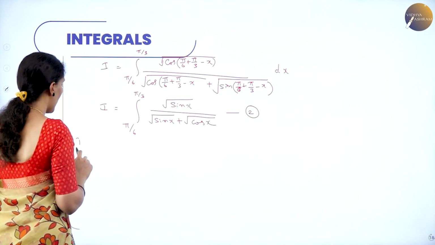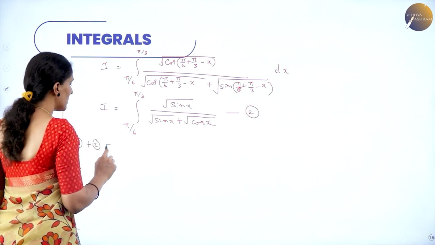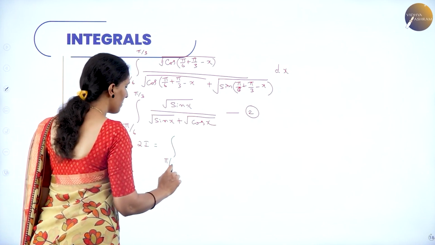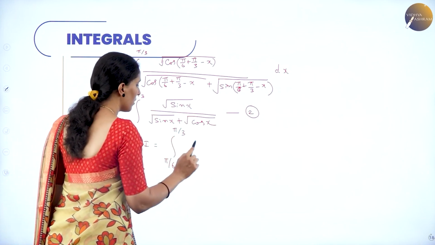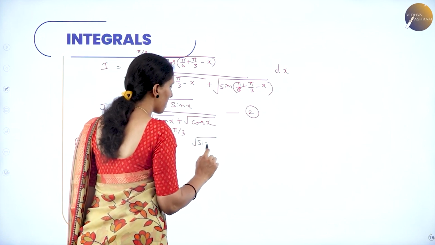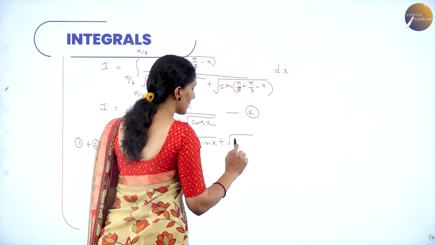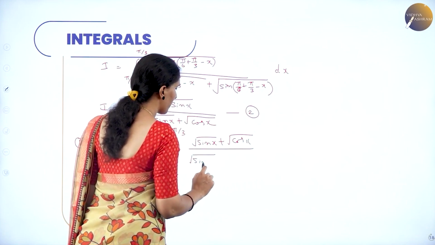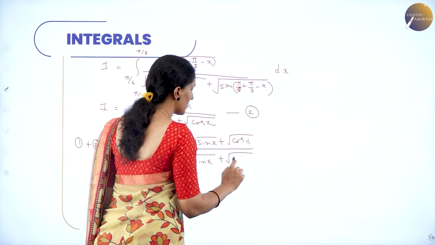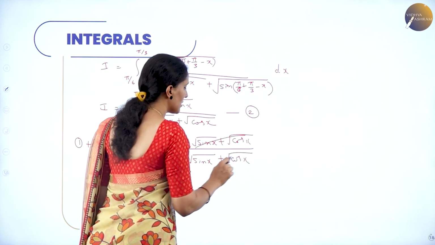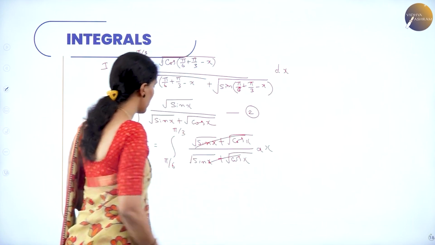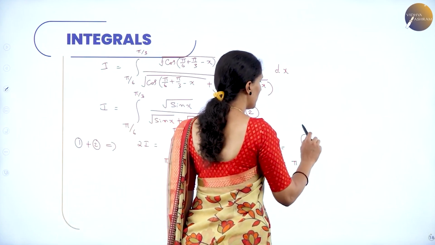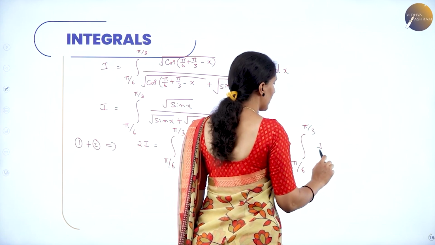Adding 1 and 2, this implies 2I is equal to the integral from pi by 6 to pi by 3 of root sin x plus root cos x divided by root sin x plus root cos x dx. These cancel, so this can be written as the integral from pi by 6 to pi by 3 of dx.